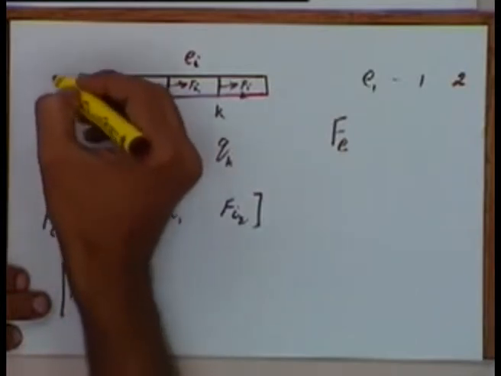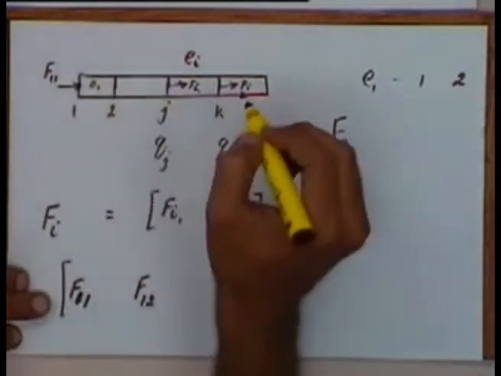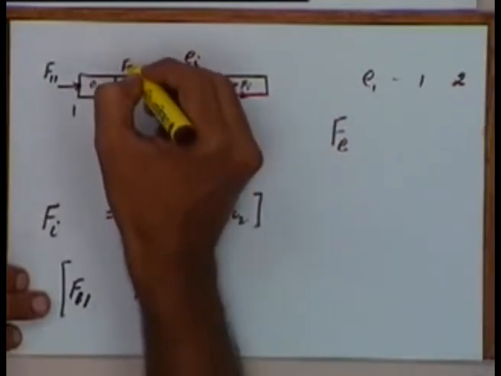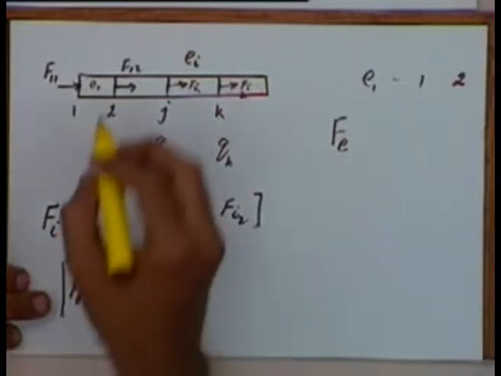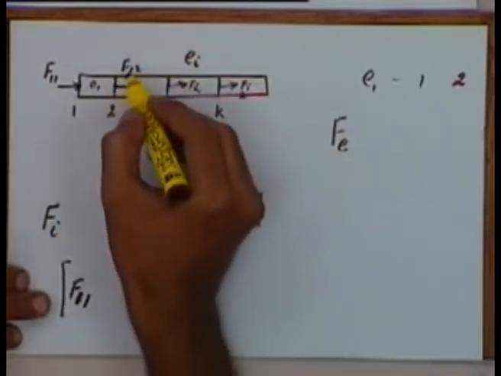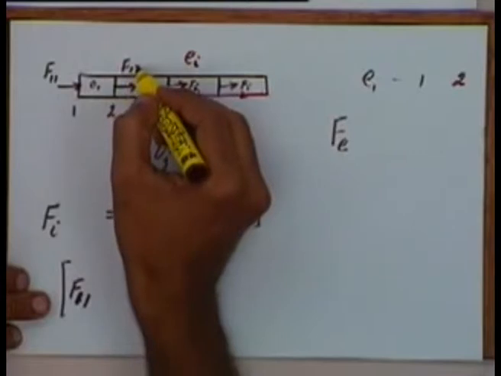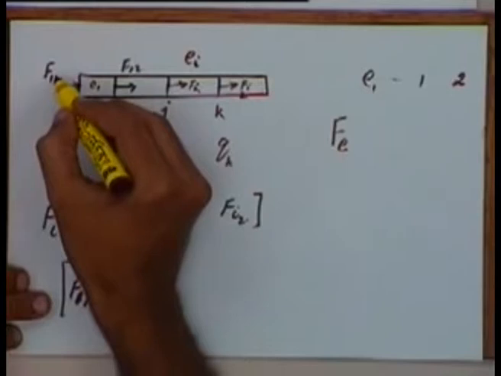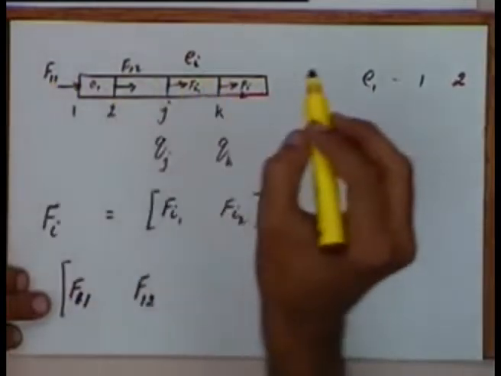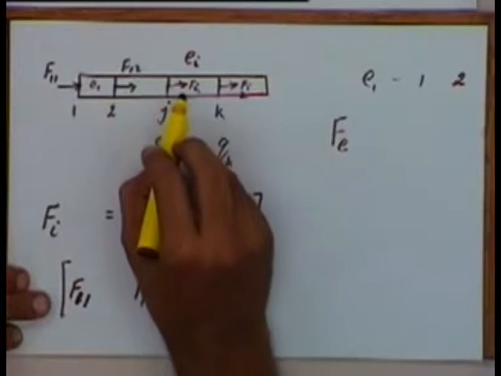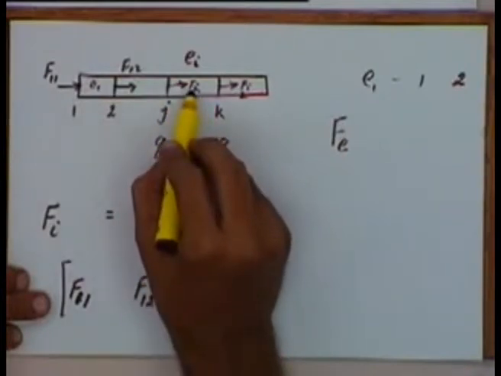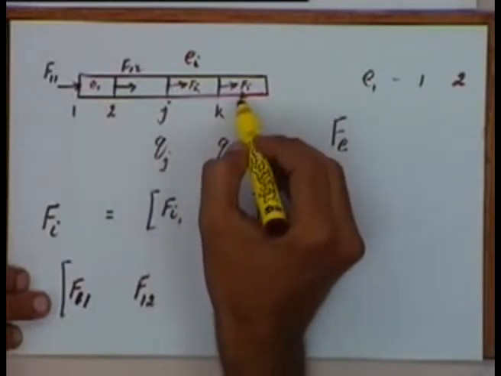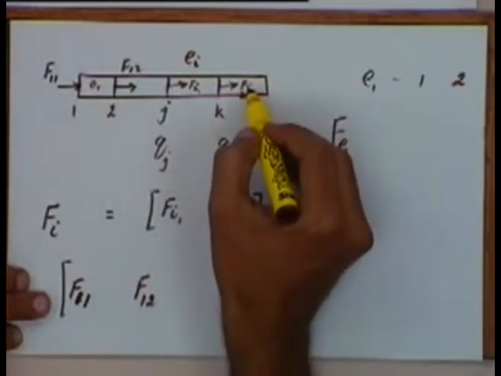This force is what I am calling F11 and this force is what I am calling F12. F12 is the force on the second node of element number 1. F11 is the force on the first node of element number 1. Fi1 is the force on the first node of element number I, and Fi2 is the force on the second node of element number I.